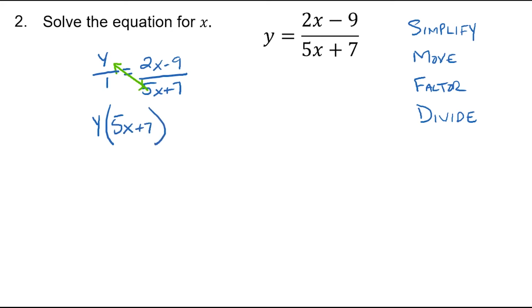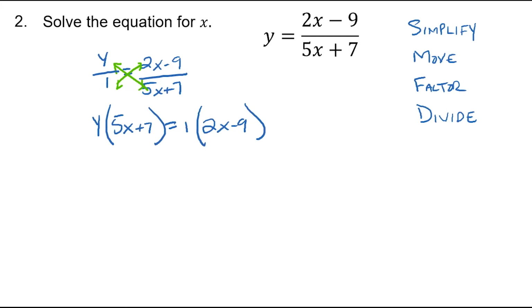Then I'll do the same thing again, where I take the numerator of the right fraction and multiply it by the denominator on the left side. That would be equal to just 1 times the quantity 2x minus 9.